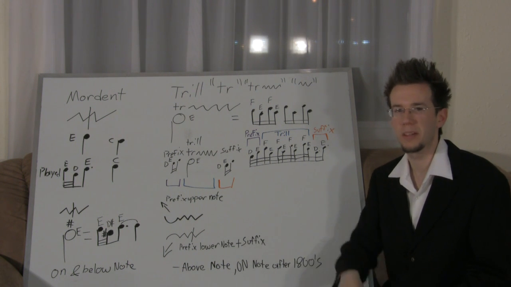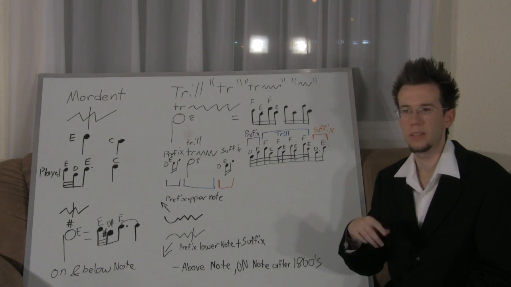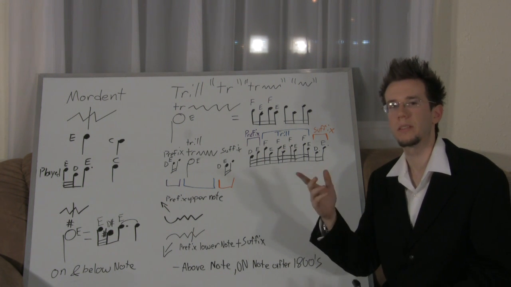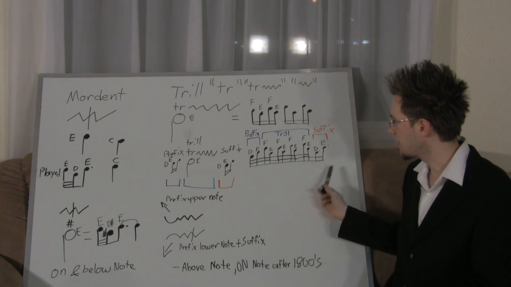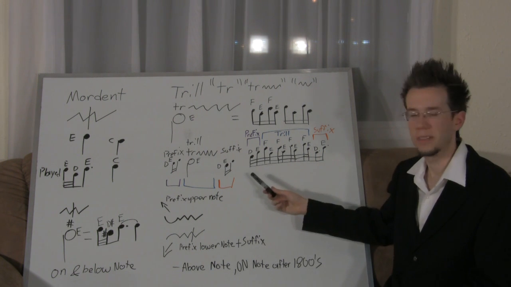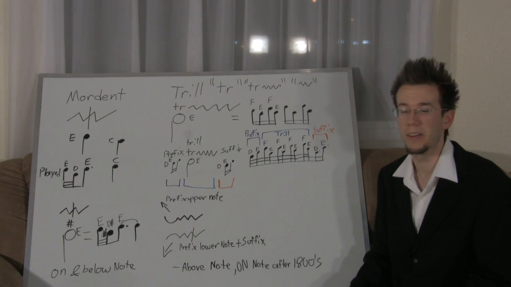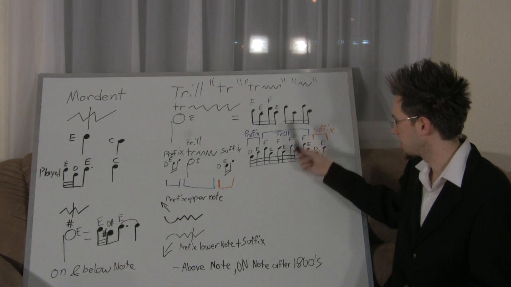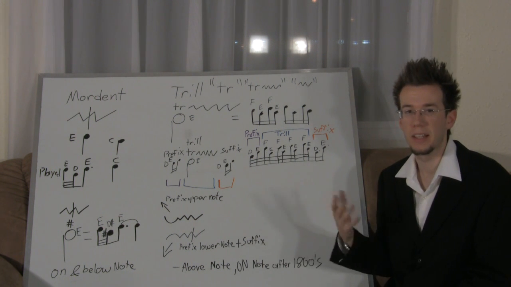It's more like that, slowing down, speeding up a little bit. So I don't really love to write these out in rhythm because it's not really how you're going to play it. I would never play a trill with a prefix suffix like that. I would have a lot more give and take to it.